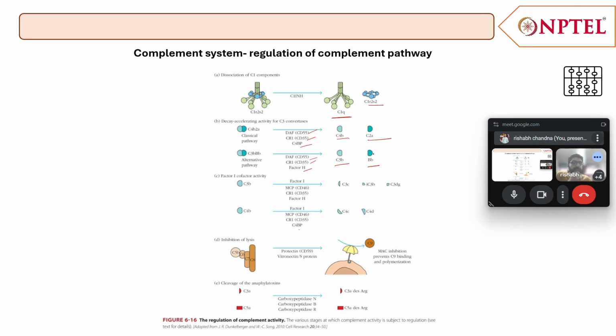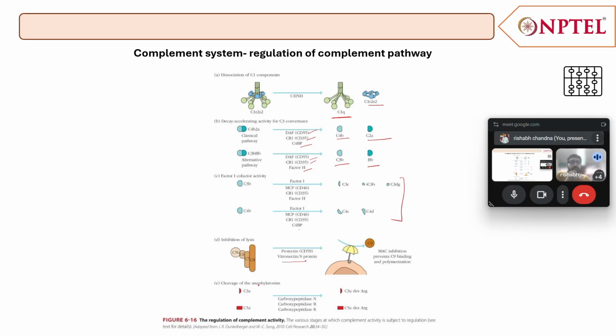and BB. Okay, then we have factor I cofactor activity. This factor I also dissociates the C3 convertase, degrades the C4 and the C3 components of the C3 convertase. Then the MAC inhibition. So we have protectin and vitronectin. These prevent the formation of the membrane attack complex.